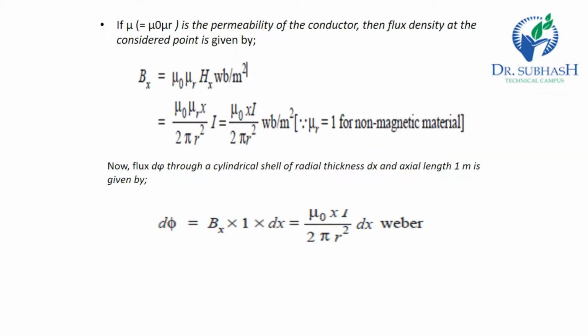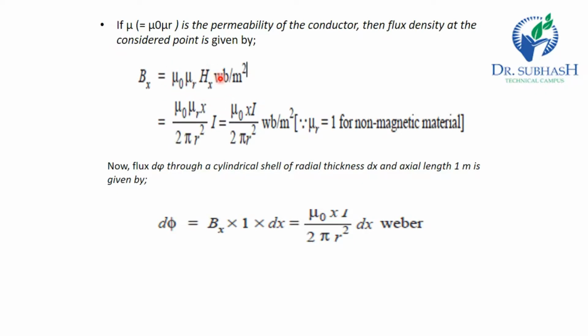If mu is the permeability of the conductor and Bx is the flux density at a given point, the flux density for any point is B = mu H. So Bx = mu Hx.